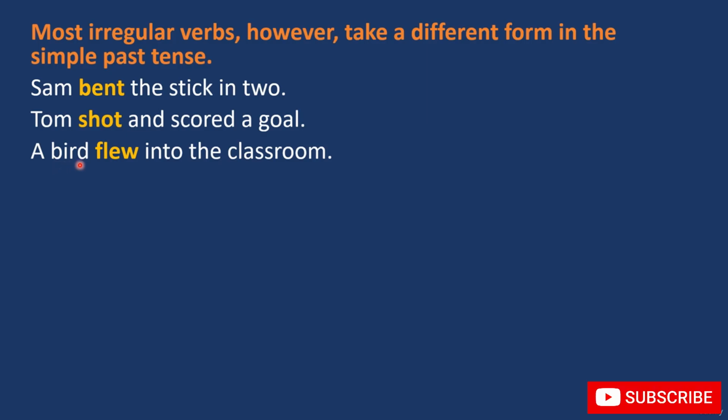A bird flew into the classroom. Here, the verb bent, this is past, the present is bend, and shot, the present is shoot, S-H-O-O-T, and also here a bird flew, this is past, and the present is fly. So here we have samples of irregular verbs.